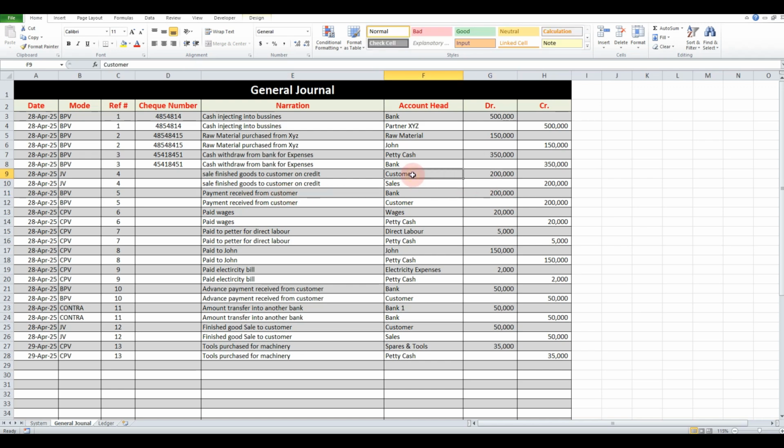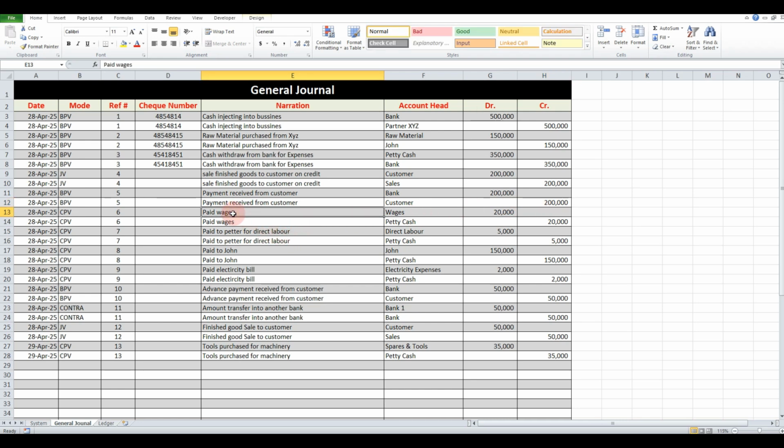Next, payment received from customer. First I sold on credit, now he will pay us for the goods. Payment received from customer. Bank is an asset account, so it will be debited. Customer is also a current asset account. When an asset account decreases, it will be credited.